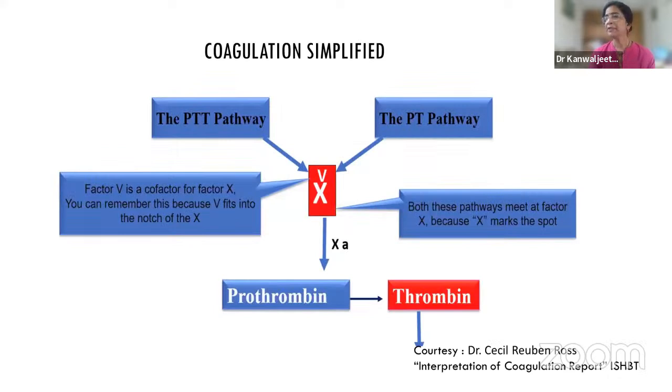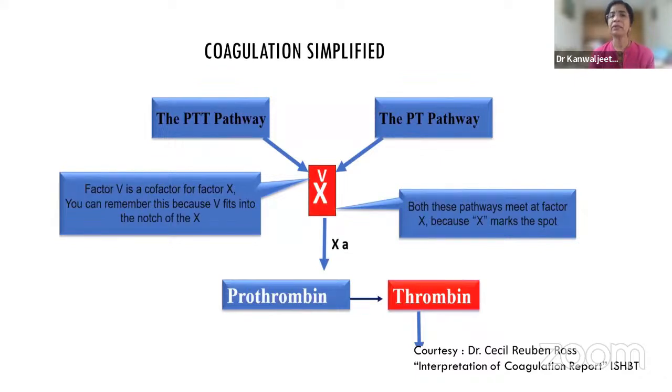The coagulation cascade that we all were scared of during our MBBS days. I have tried to simplify it so that you don't have any difficulty remembering it. The extrinsic pathway, we can label it as the PT pathway, prothrombin time pathway. The intrinsic pathway, we can label it as the PTT pathway. They both merge at factor 10.